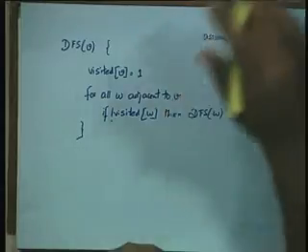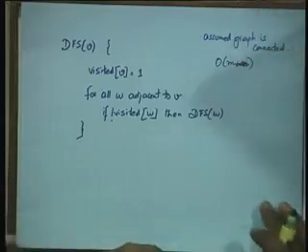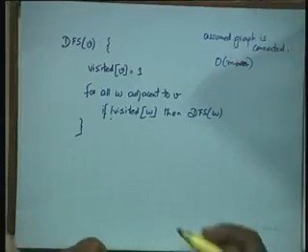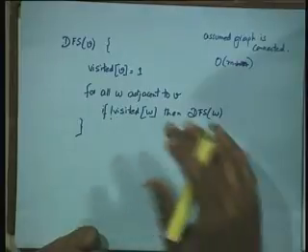Okay. Now, let us try and see what is happening here. For this I am going to use my adjacency list representation, because that will give you a better picture.